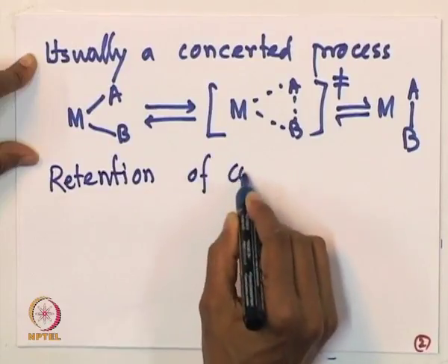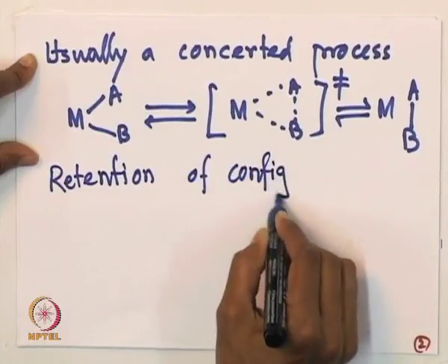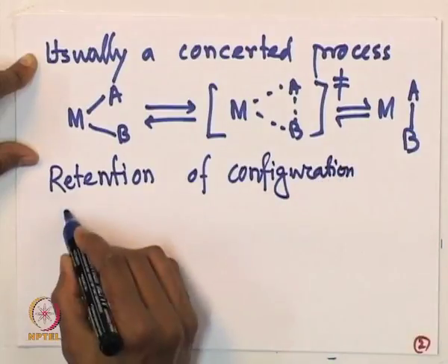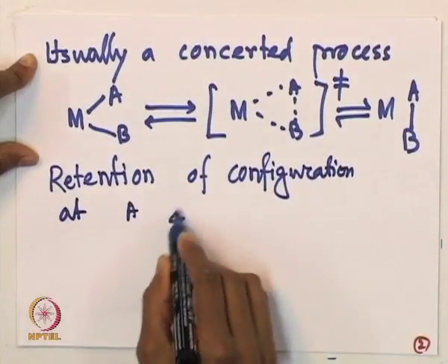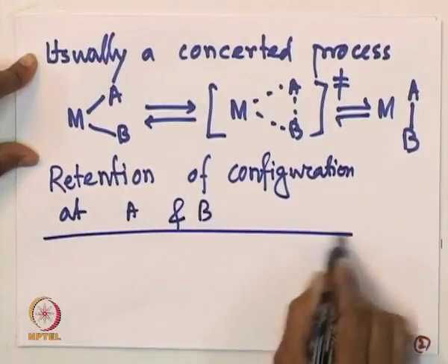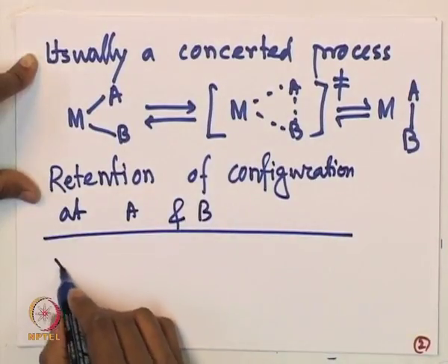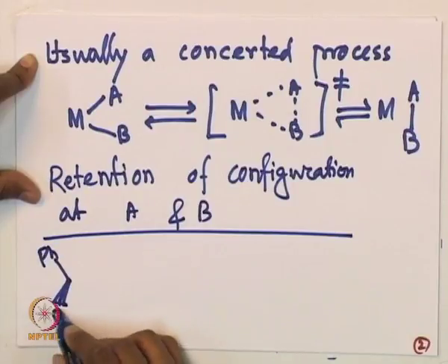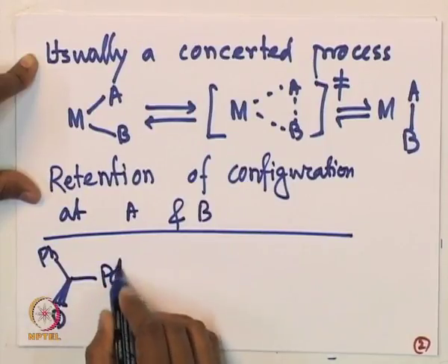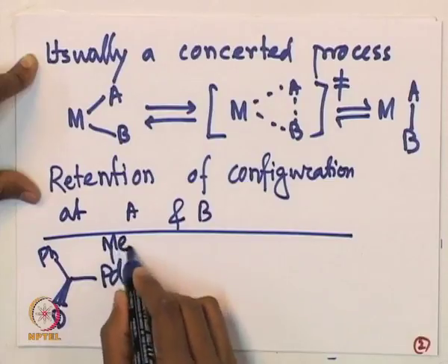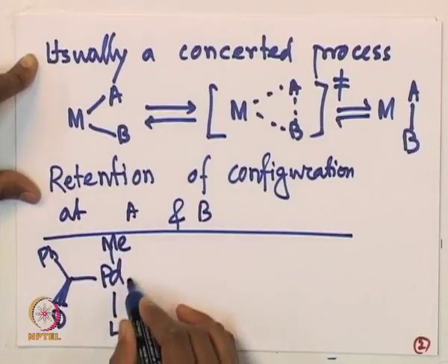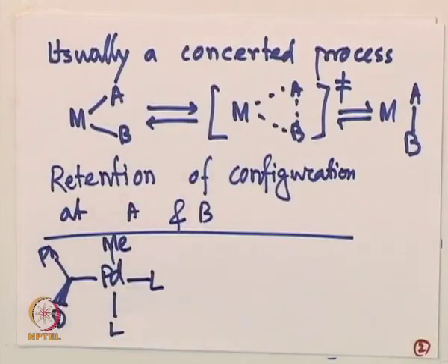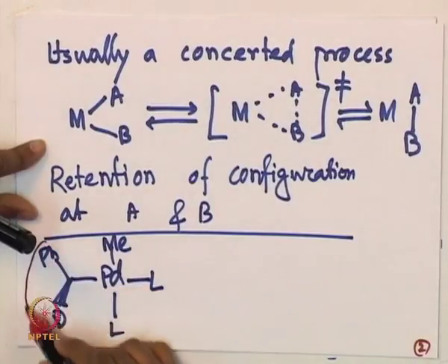Retention of configuration at A and B, right. So we would like to discuss one example. Very simply, if you have a palladium complex where these two groups are there, you must be able to identify A and B very easily.